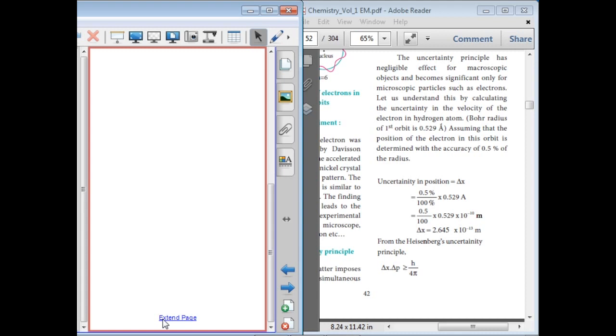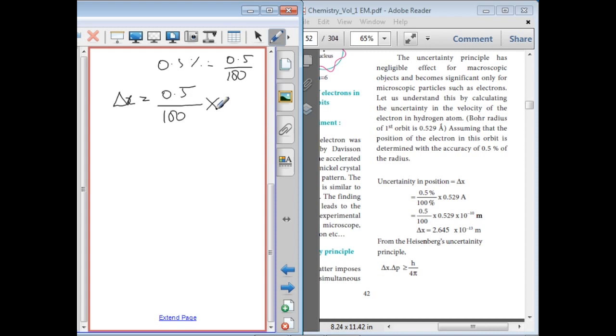So the uncertainty in position, delta x, equals 0.5% of the radius. 0.5% is equal to 0.5 divided by 100, multiplied by the Bohr radius, the first orbit, because hydrogen has only one shell.